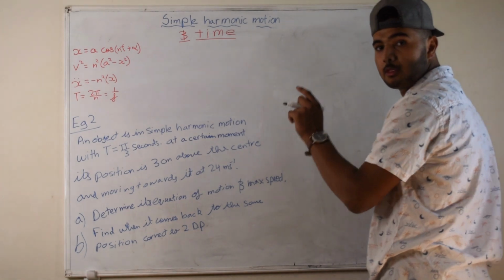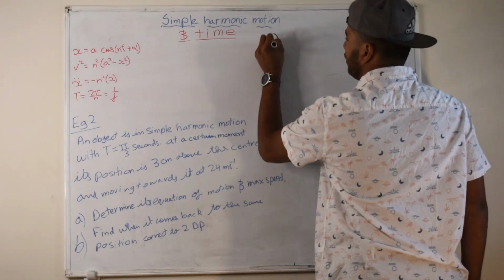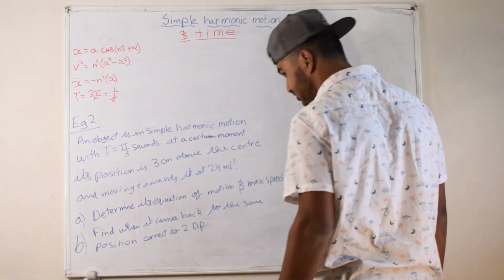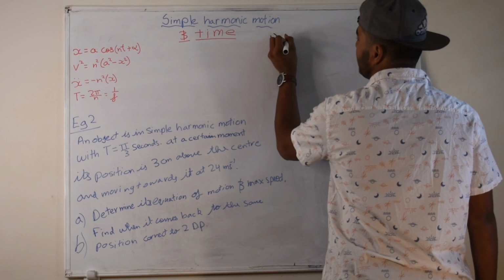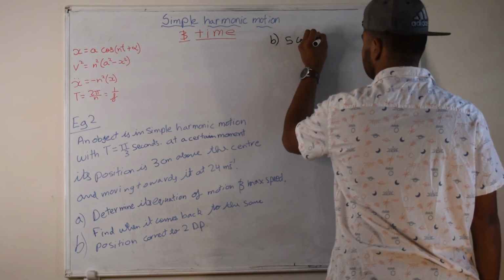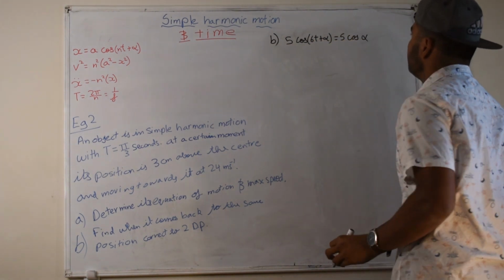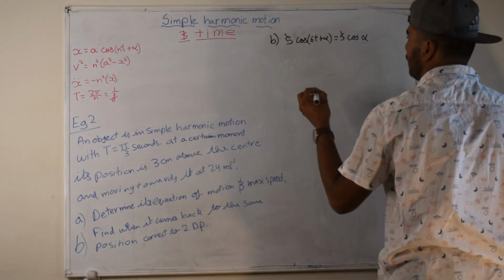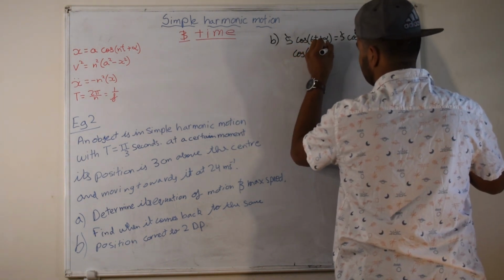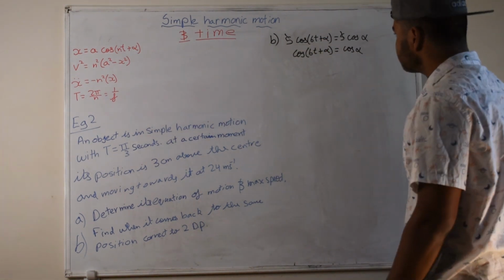Coming back to B now, when the object comes back to its original position, the equation is going to be 5 cos(6t plus alpha), which equals 5 cos alpha. 5 chop off, we have cos(6t plus alpha) equals cos alpha.